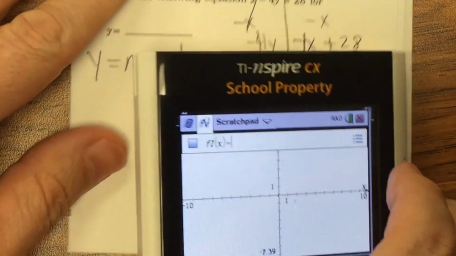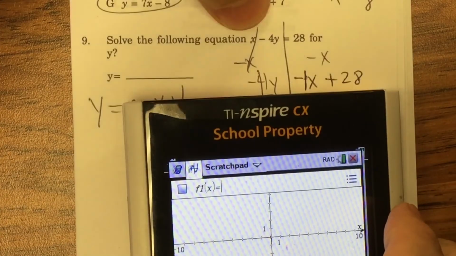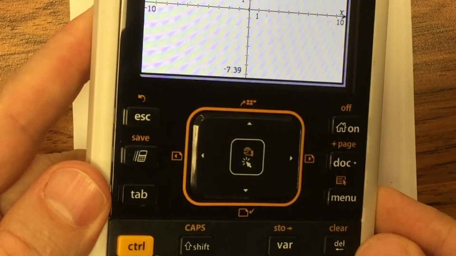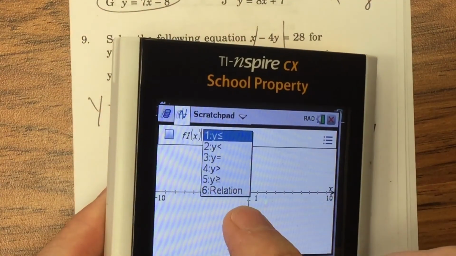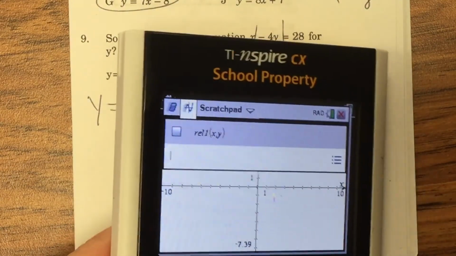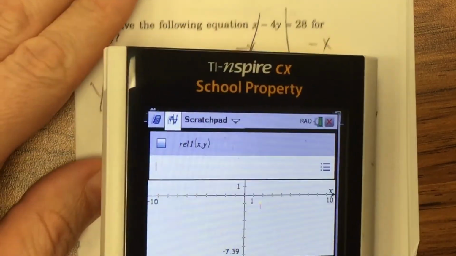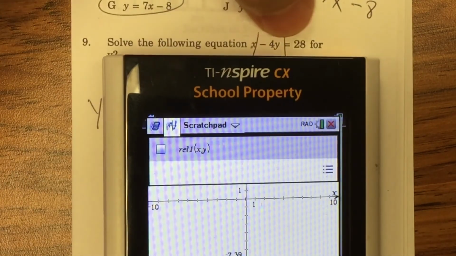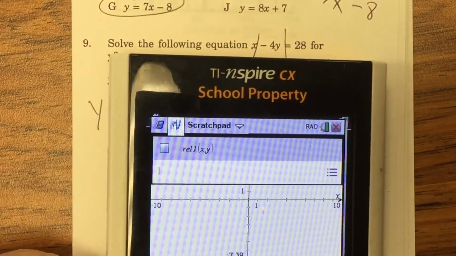But we don't have y by himself here, do we? If you hit the delete button right below menu, you get a menu of options, and you want to go to option 6, relation. That gives you a whole different screen to input any equation you want. So I'm going to input my x minus 4y equals 28.